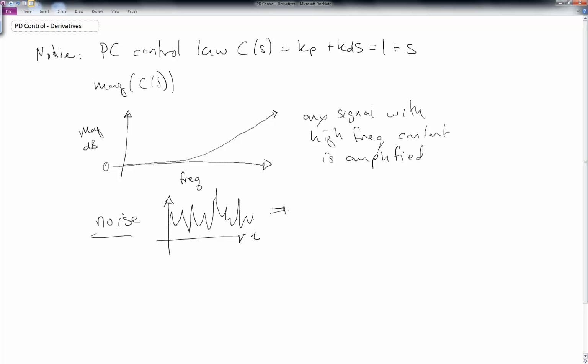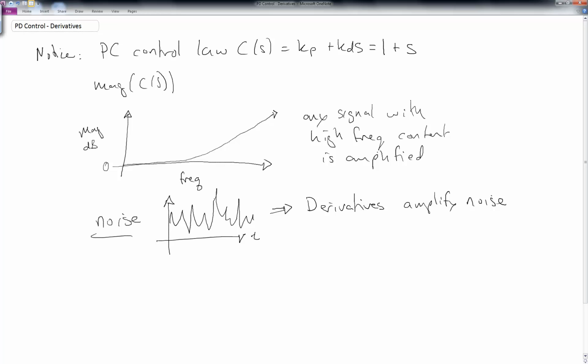So in other words, derivatives amplify noise. Another way to think about this is, if I were to take the derivative of this signal, everywhere I have a sharp peak, I'm going to get a very large derivative, because there's a very large change in the signal at that peak.